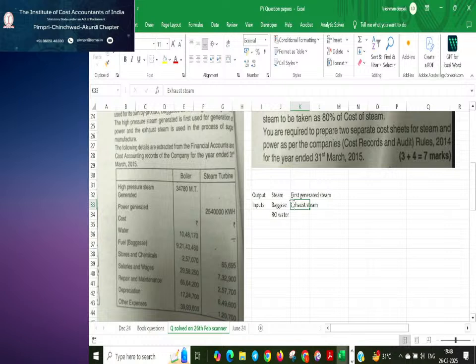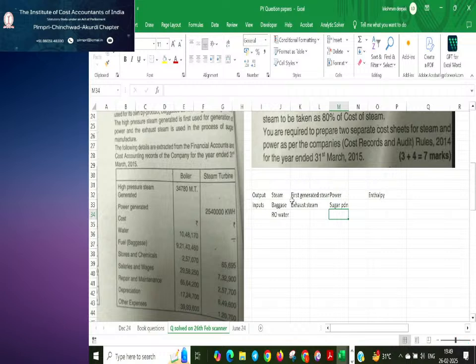So such things are called as enthalpy. That is one terminology to measure steam. That's called enthalpy. Okay, the heat and the pressure. जिसमें हीट और प्रेशर है, that goes into power generation. So this first generated steam goes to generation of power. Exhaust steam is used anywhere else in the sugar factory.